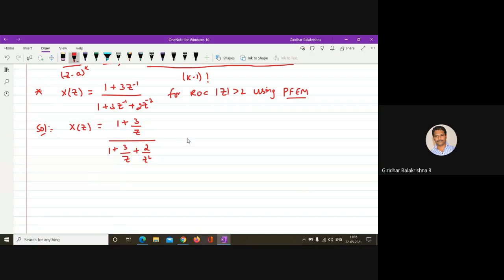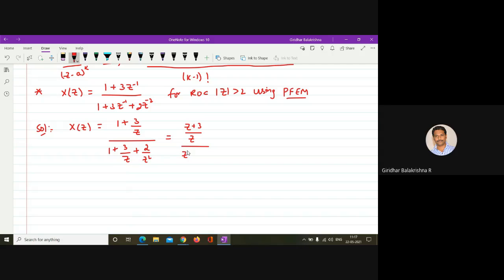Take LCM and tell me the expression, numerator by denominator. What if you take this LCM? Z plus 3 by z, if you take LCM, highest is z square.